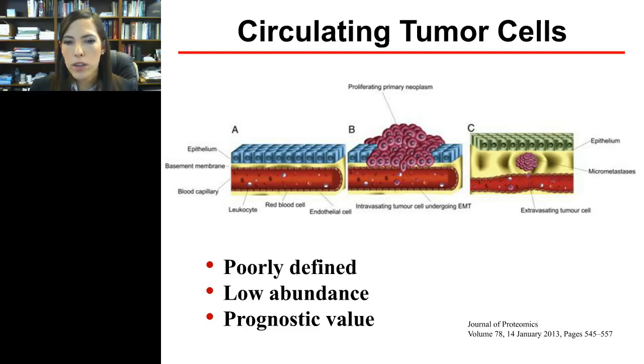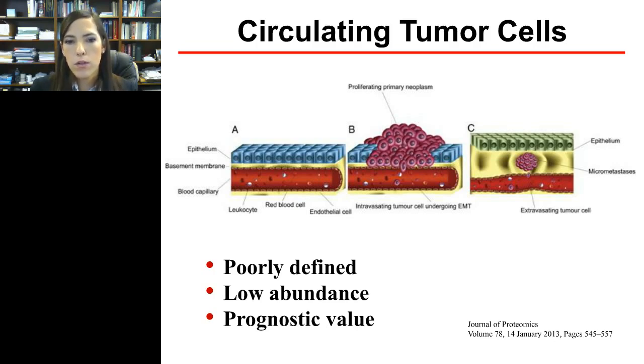These cells are really poorly defined. I'll go into what the current definition is in a little bit, but we really feel that we don't have the best definition of what a circulating tumor cell is in order to capture a heterogeneous set of CTCs. These cells are very difficult to study because they're in such low abundance.